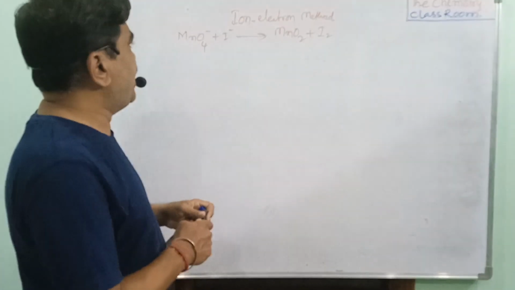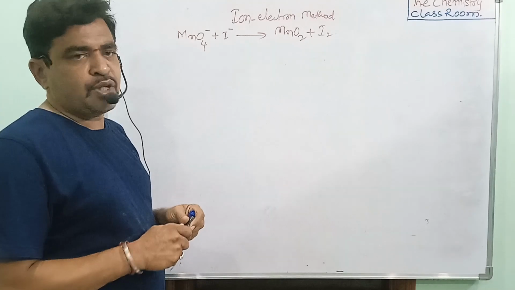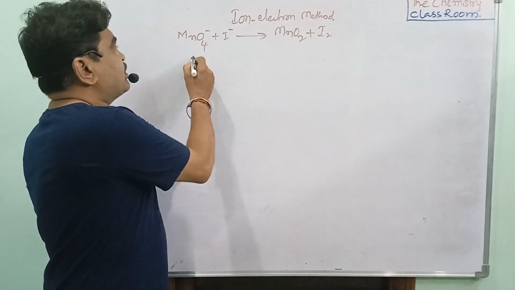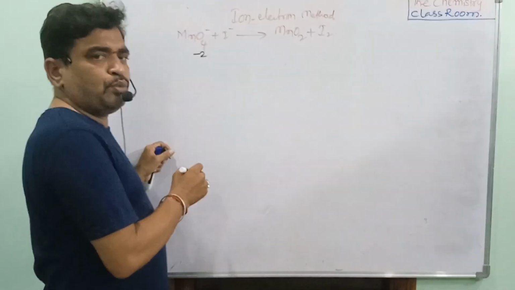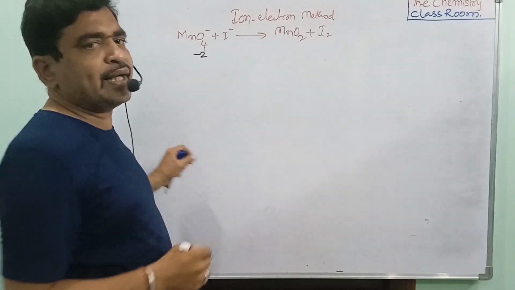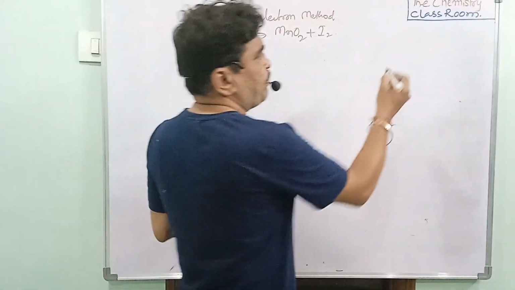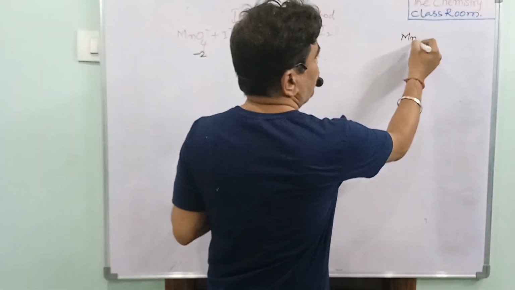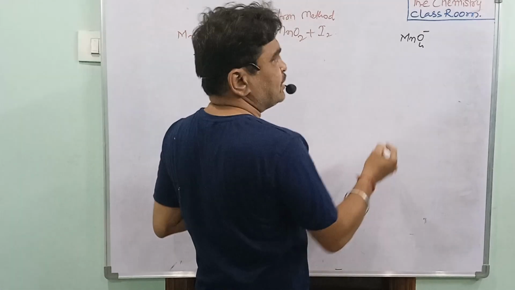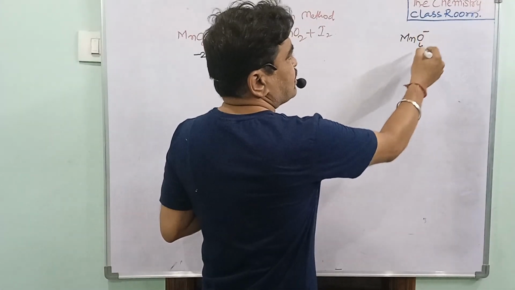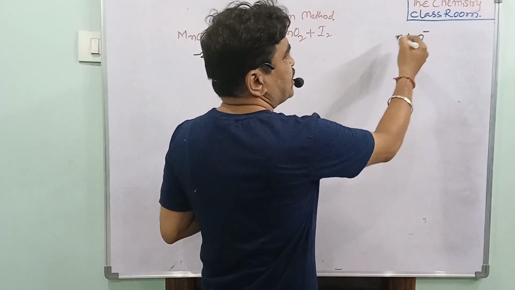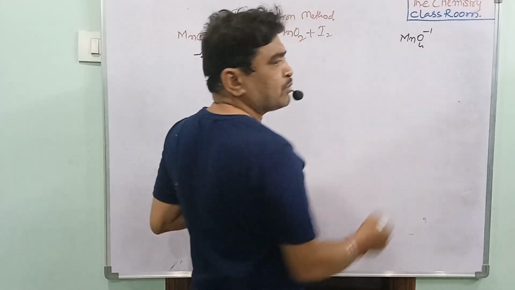So here you see MnO4 minus. You know already that oxygen is always -2. So from here you can calculate the manganese oxidation number. MnO4 has a minus charge, so the sum of oxidation numbers is equal to -1.